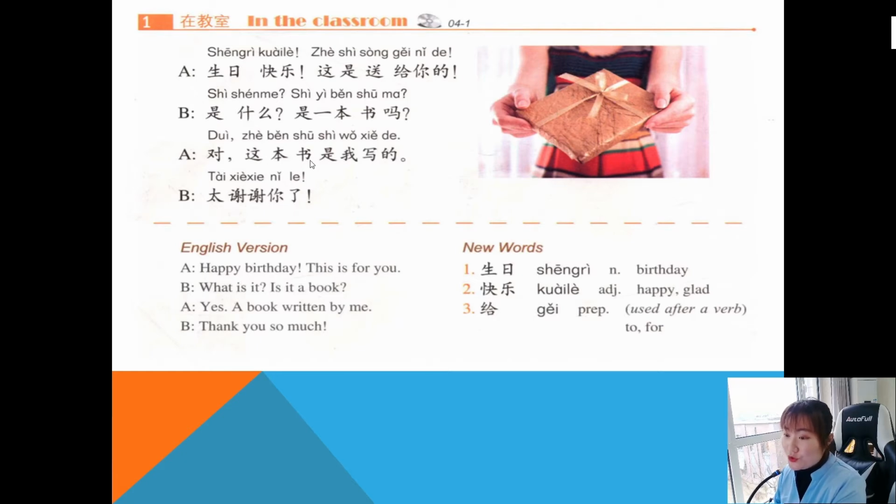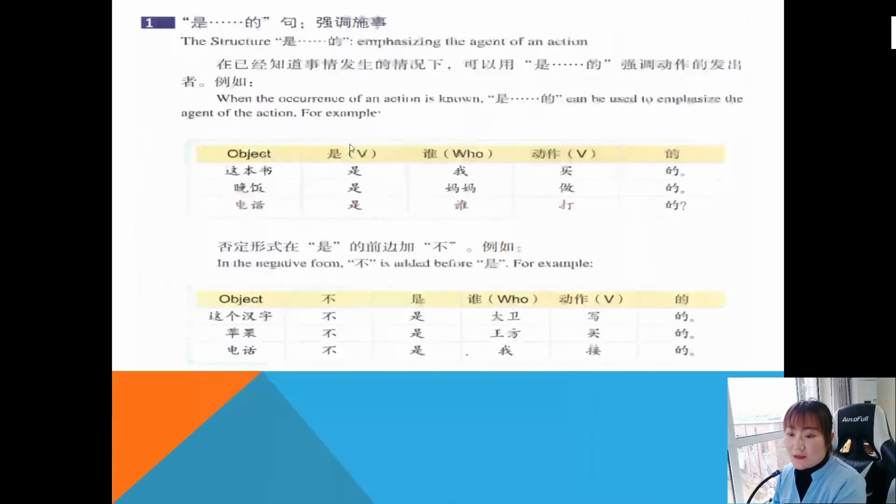So a book written by me 这本书是我写的太感谢你了 Thank you so much. Okay, so first let's learn this grammar and the structure 是 something 的 emphasizing the agent of an action. So that means when the occurrence of an action is known, 是什么的 can be used to emphasize the agent of the action.